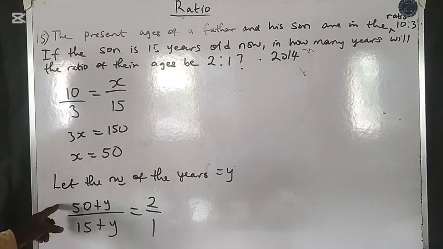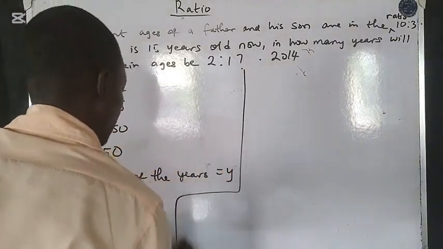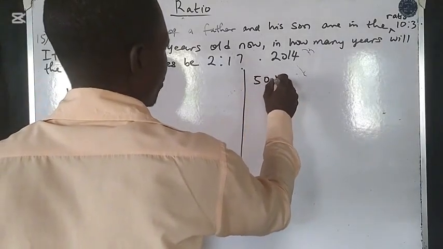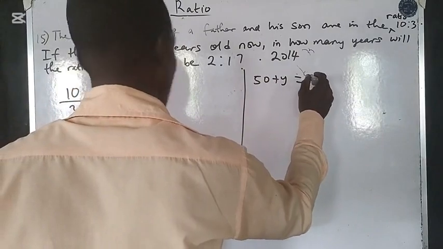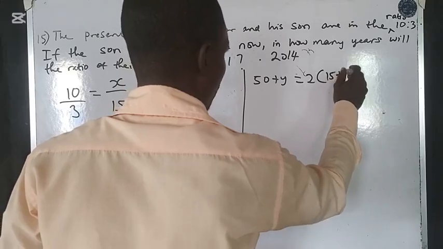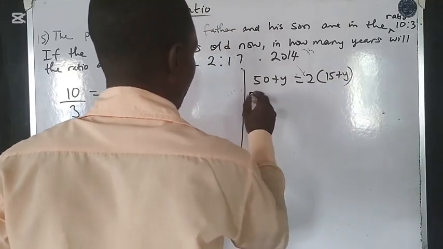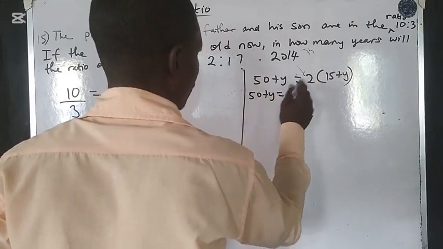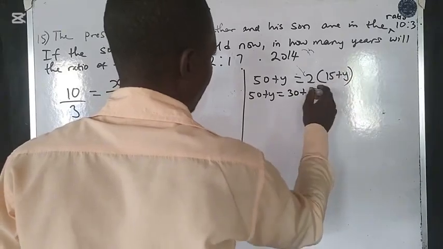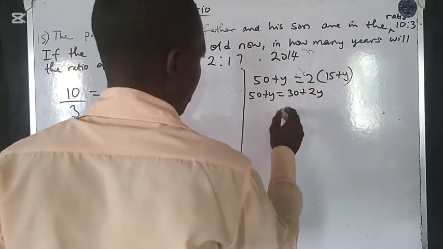This times this will give us the same value. So we write 50 plus y equals 2 multiplied by 15 plus y. So 50 plus y equals 2 times 15, that will be 30, and 2 times y, that will be 2y.